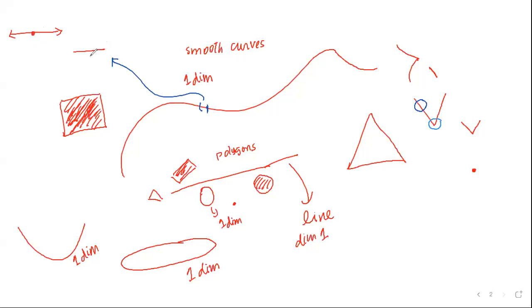That's why it is one dimensional. आप इसको जितना मर्जी zoom करें, you will get the line segment. Okay, you will never get like a 3D object. So whether you have a circle, whether you have a triangle, whether you have any curve, this is a one dimensional thing. Now comes, what about these things like disk?